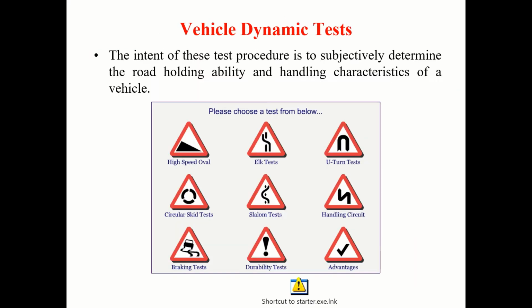That's not a problem. We do many vehicle dynamic tests on the proving ground. When you go to any car manufacturing company, they will have a proving ground to test all these things. The intent of this test procedure is to subjectively determine the road holding ability and handling characteristics of a vehicle.